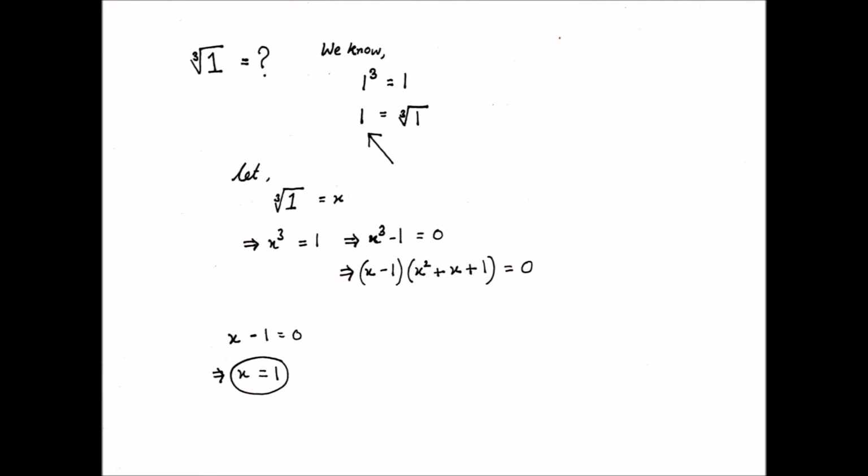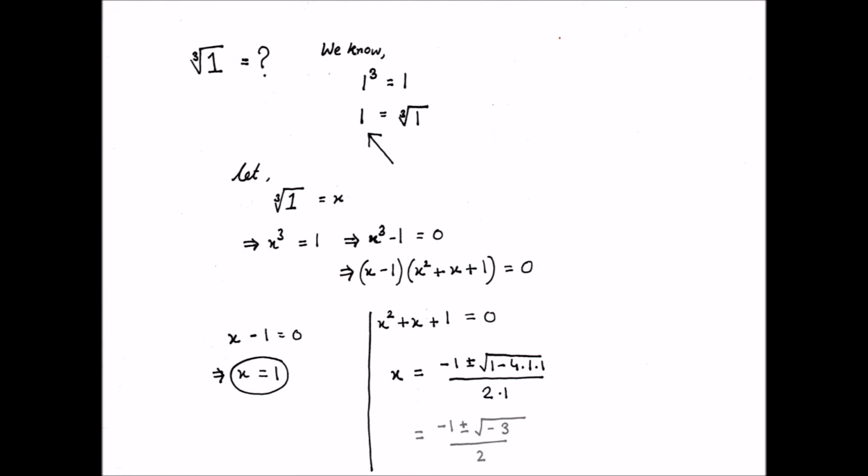But now if we divide both sides by x minus 1, we get x squared plus x plus 1 equals 0. Using the quadratic formula, x equals minus 1 plus or minus the root of (1 minus 4 times 1 times 1), divided by 2 times 1, which is minus 1 plus or minus root of minus 3, divided by 2.